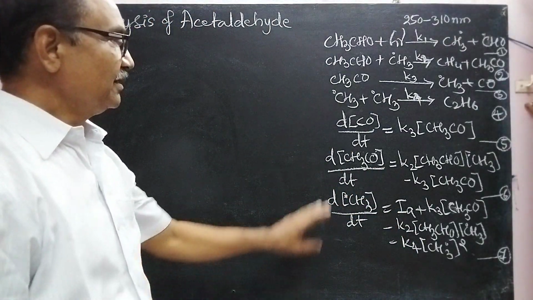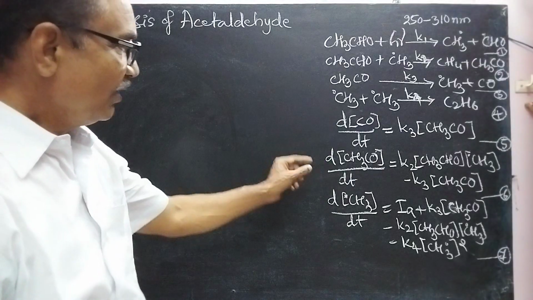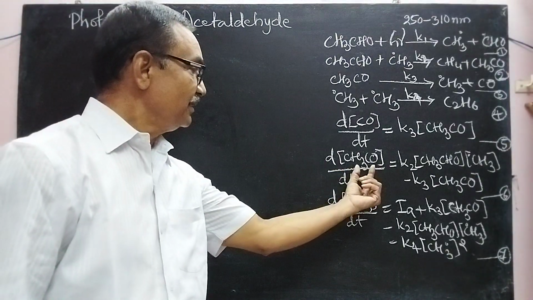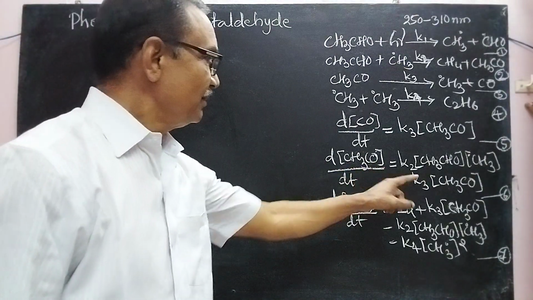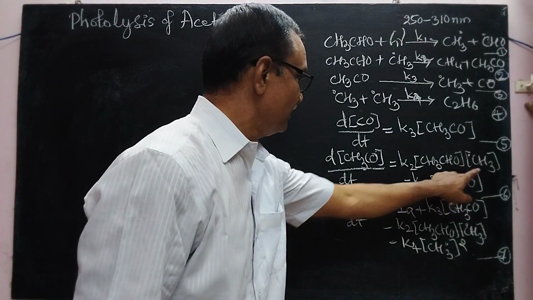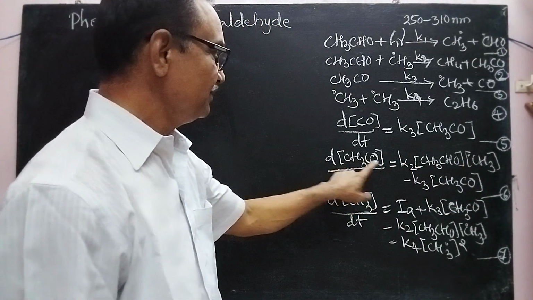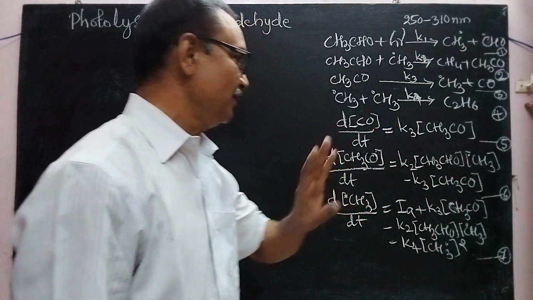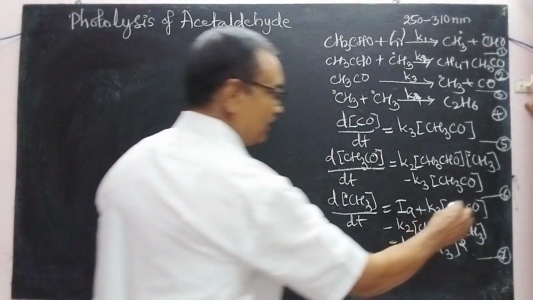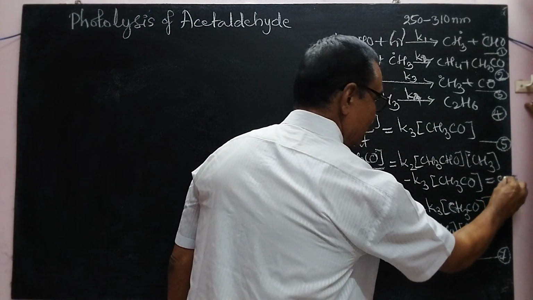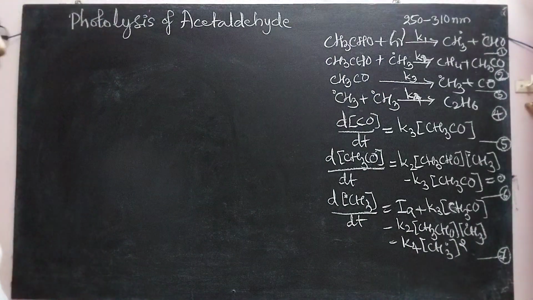But here, one thing you have to remember: how much of this intermediate, methyl, is formed by these 2 processes. By these processes it is formed, and by this process it is absorbed. Thus we may apply this equal to 0. That is, the steady state principle may be applied here.